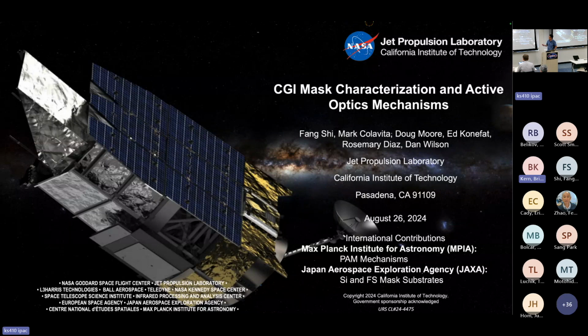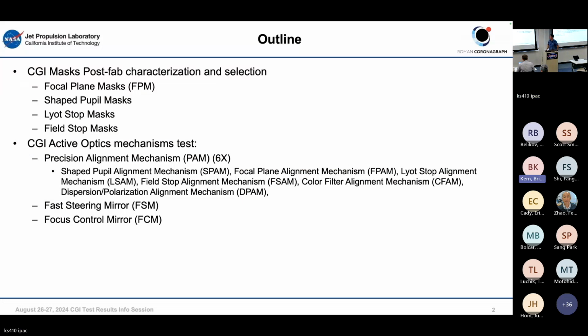There's a list of the people at the academy responsible for each of the mechanisms: the PAM, more FSM, Coronagraph, FCM, and also mask fabrication. We also have to recognize that the PAM mechanism is coming from Max Planck in Germany, and the substrate for the masks is coming from JAXA, Japan.